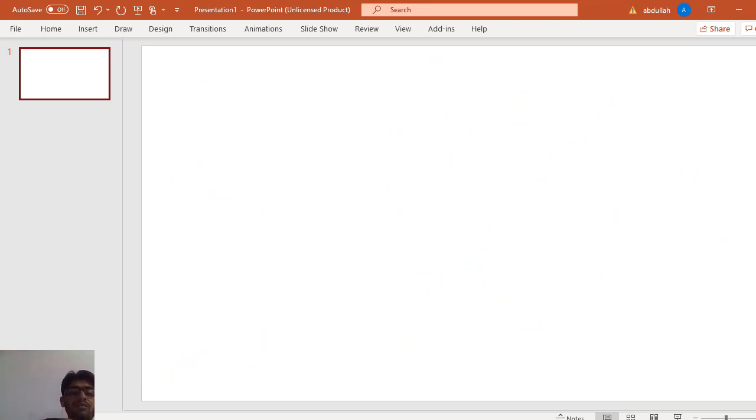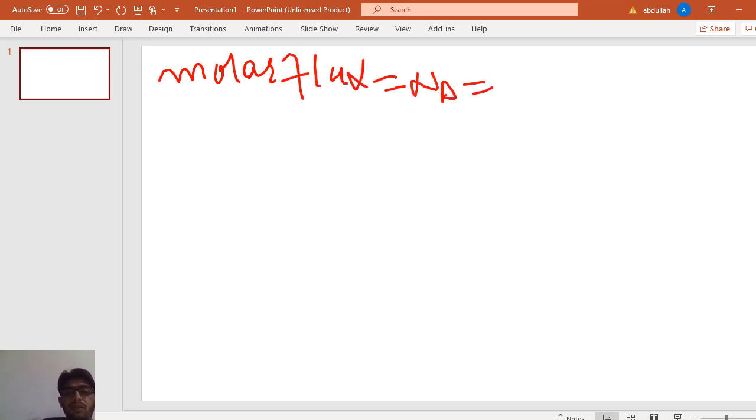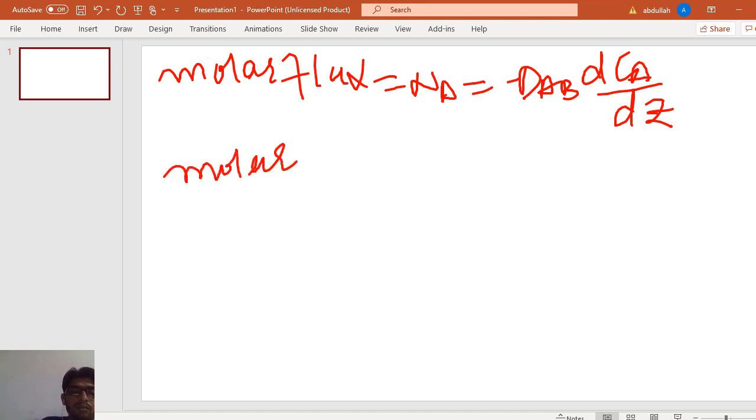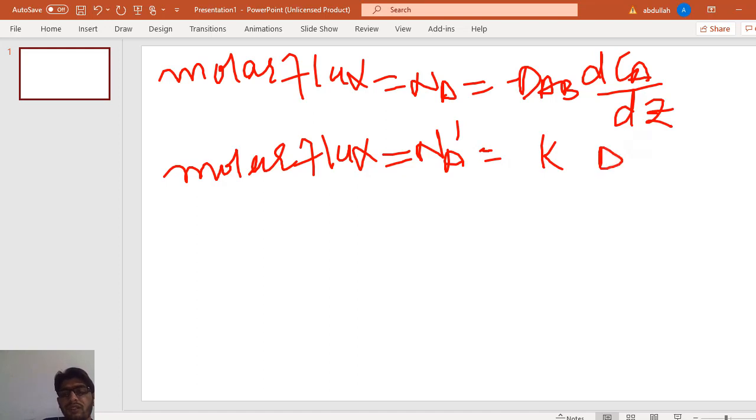So from Fick's law of molecular diffusion and from the convective mass transfer, the molar flux from the molecular diffusion is NA, which is minus DAB dCA by dZ. Similarly, for convective mass transfer, suppose the molar flux is NA dash, and it is equal to K change in the concentration.